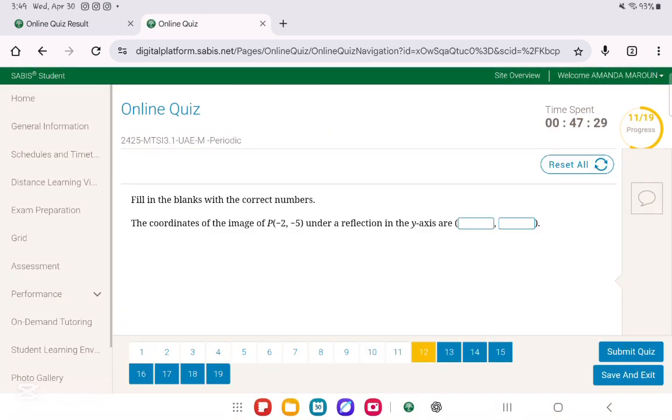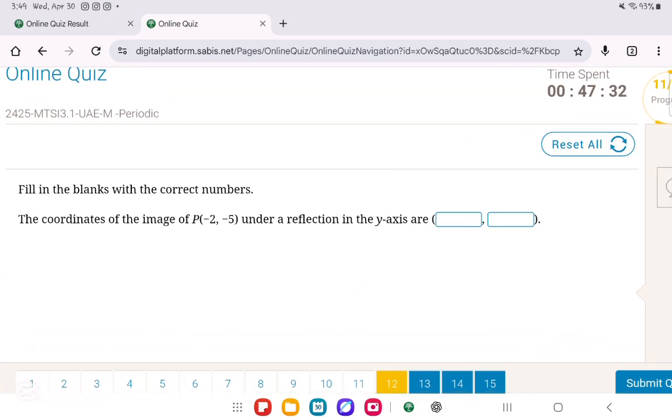In question number 12, they said, the coordinates of the image of P minus 2, 5 under a reflection in the y-axis. When the reflection is about the y-axis, only the x will change its sign. It will take the opposite sign. So minus 2 will become 2. So the answer is going to become what? It's going to become 2 minus 5. Okay, so 2 minus 5.